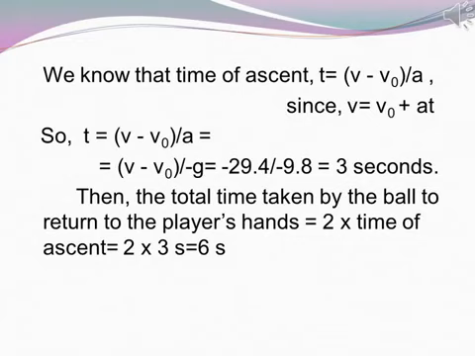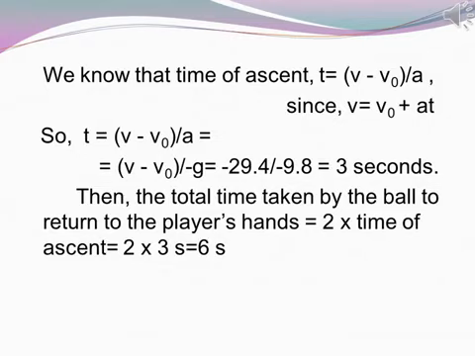We know that time of ascent t is equal to v minus v0 whole divided by a, since v is equal to v0 plus at. So t is equal to v minus v0 whole divided by a, which is equal to v minus v0 whole divided by minus g.